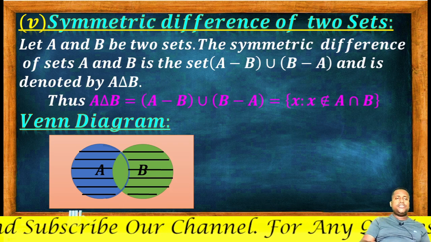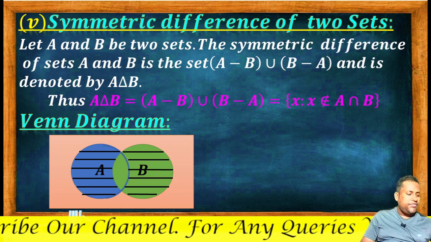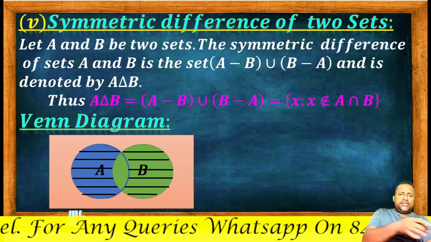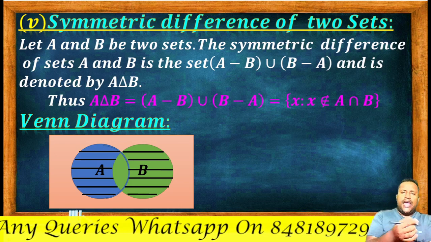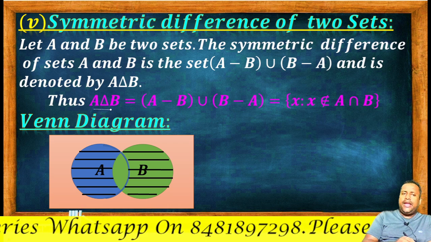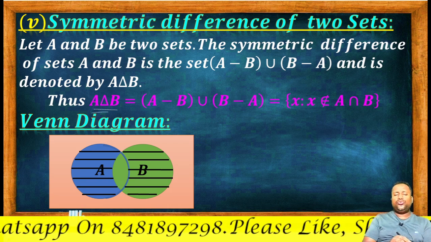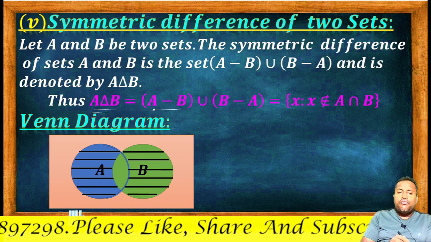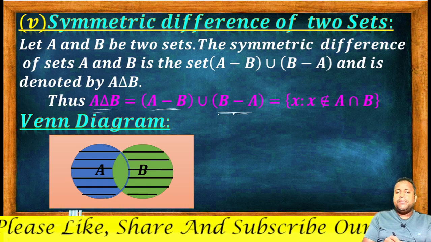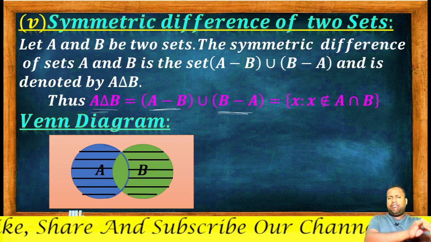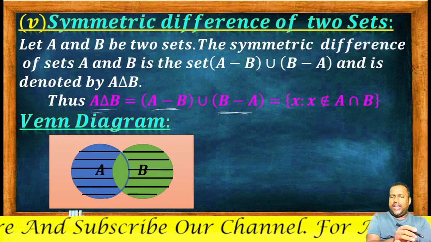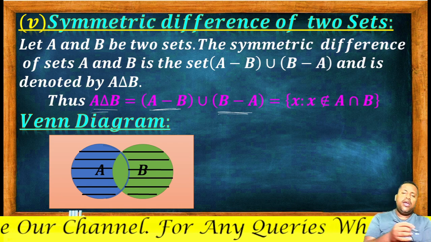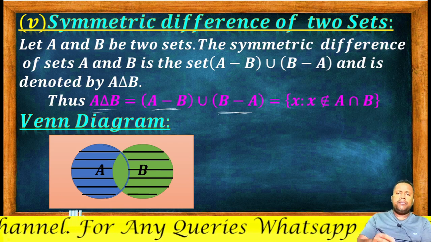Now next operation is symmetric difference of two sets. What is symmetric difference of two sets? Symmetric difference of two sets is denoted by A Δ B, and A Δ B is a set which is the union of A minus B and B minus A. And we have just read these two operations, A minus B and B minus A, in difference of two sets, and we can write this by property method.